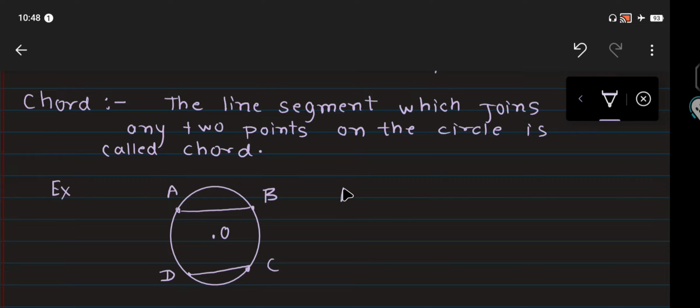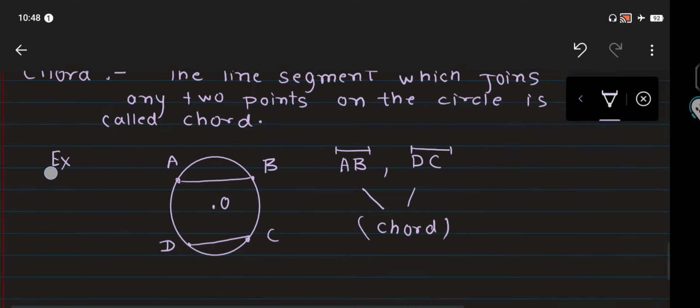So this line segment AB and this line segment BC, these are the chords. A line segment is represented by drawing a straight line and putting a bar at the end of this line.